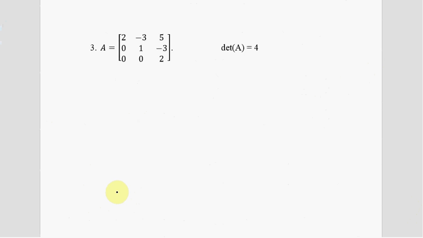So you want to check to make sure that the determinant is indeed 4. You know, it might not be. Sometimes I put wrong things up there to throw you off. I don't want you to take my word for it. Now that's a triangular matrix, so you know quickly your determinant is going to be the entries right along the main diagonal. 2 times 1 times 2 is 4.